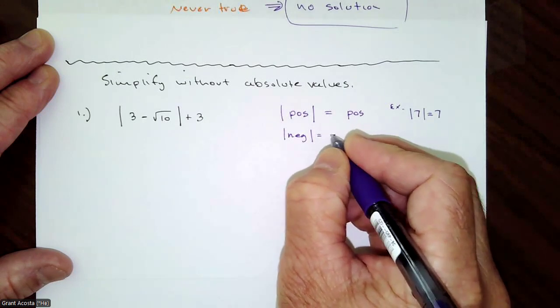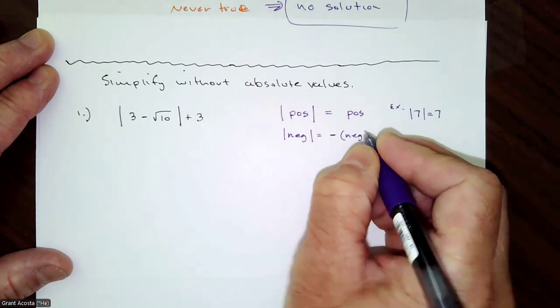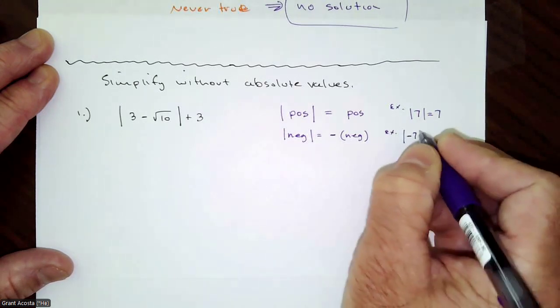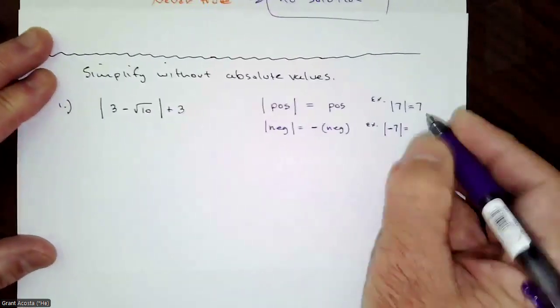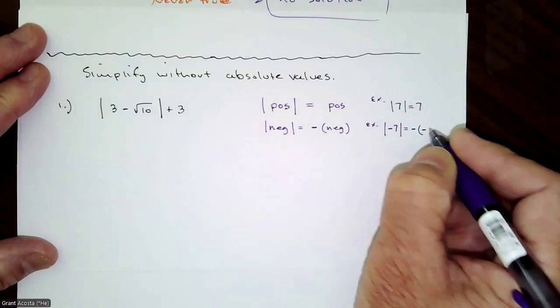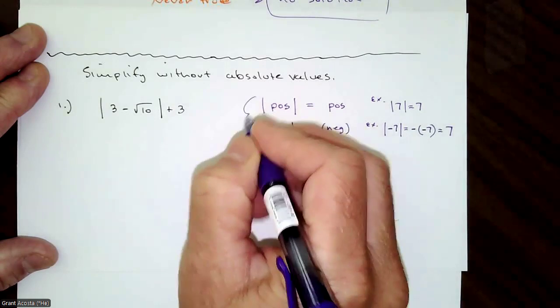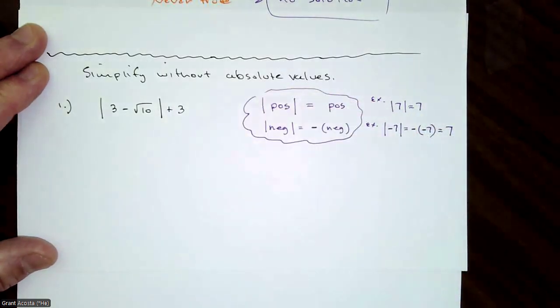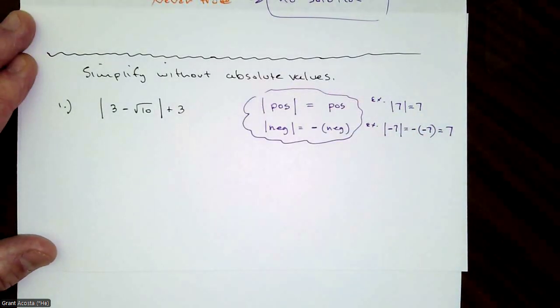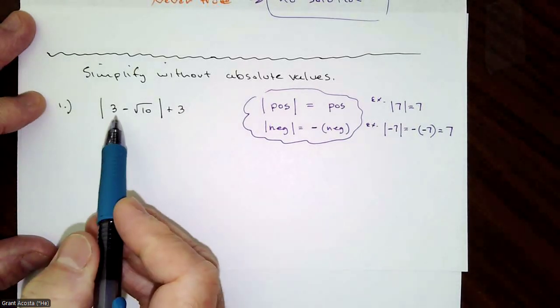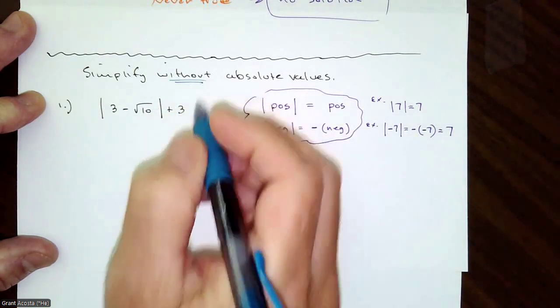It's going to be the negative of that negative number. And the example here is if I have the absolute value of -7, yes, I know it's 7, but how do you get 7? It's the negative of -7, right? That's 7. So this is the big idea I want you to think about when you're simplifying these absolute value expressions. Anytime you want to remove an absolute value, that's what it's asking us to do.